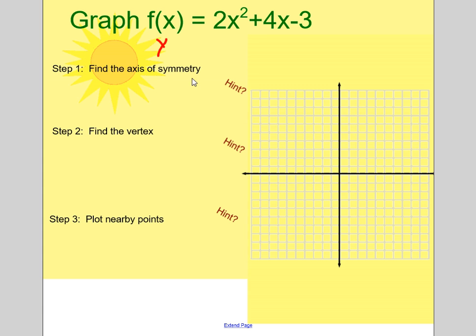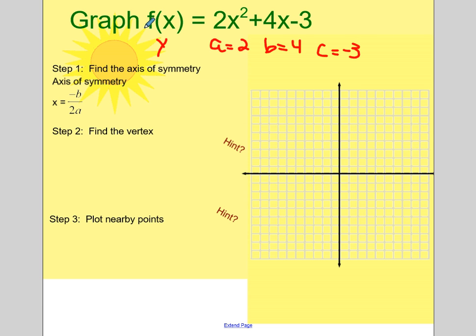So my first step is to find my axis of symmetry. So I'm going to determine that my A equals 2, my B equals 4, and my C equals negative 3.